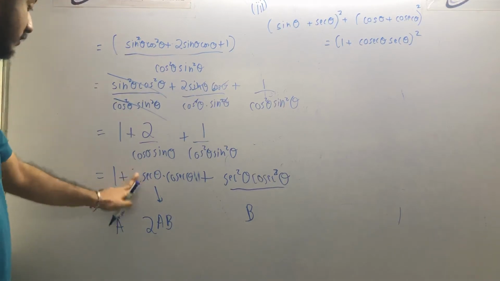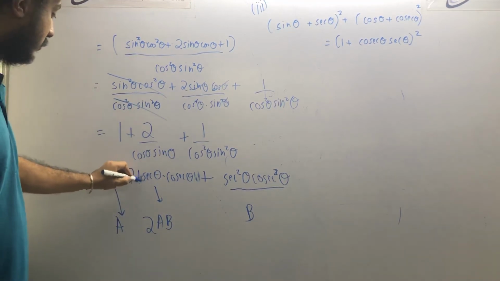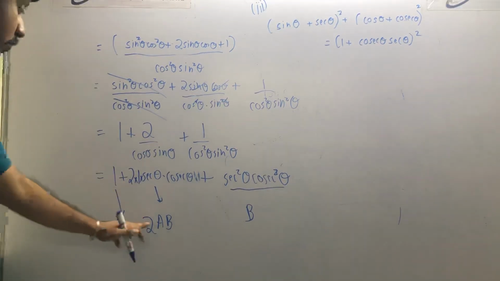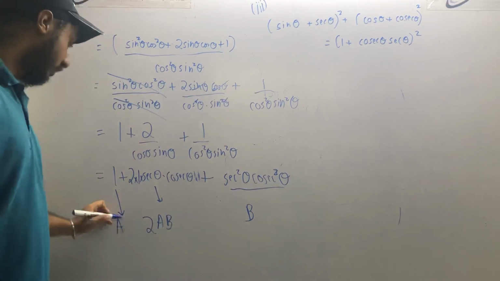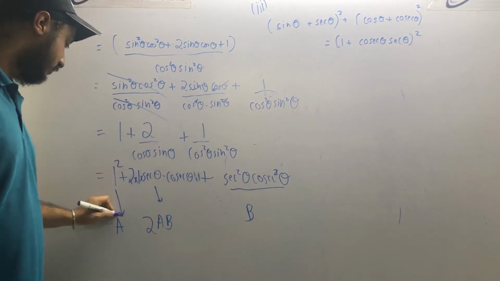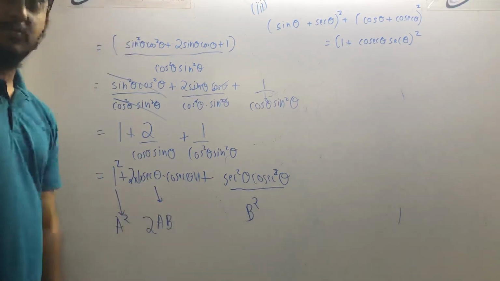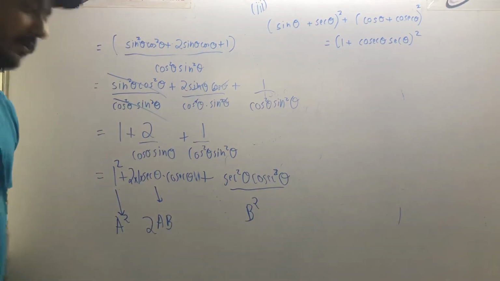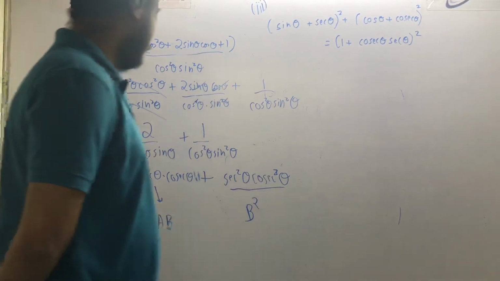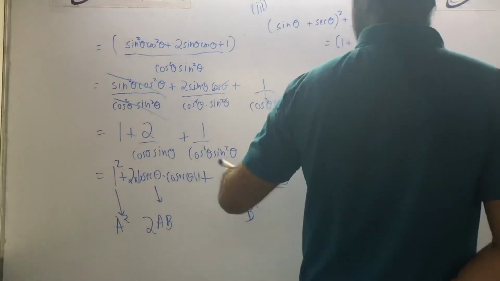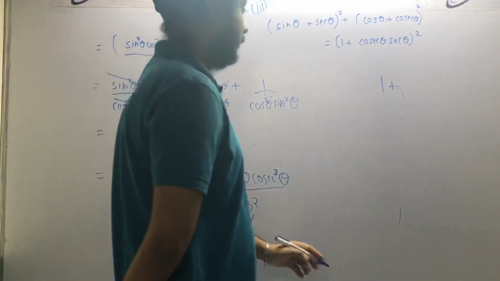You can write like this: A square, 2AB, B square. So which identity are you seeing? This is A plus B whole square. A plus B whole square is A square plus 2AB plus B square. So how will you write it now? A is how much? 1. B is how much? Sec theta cosec theta.